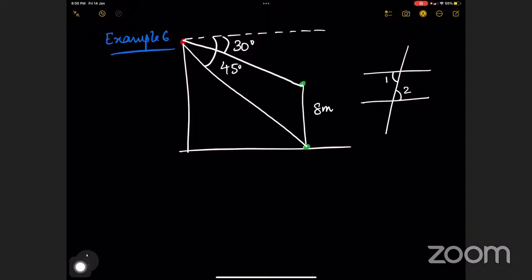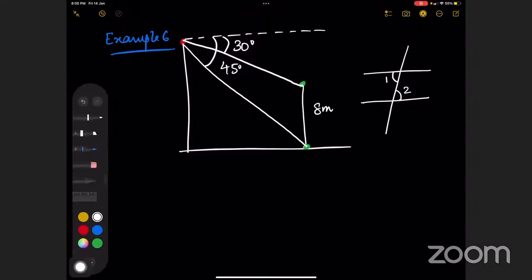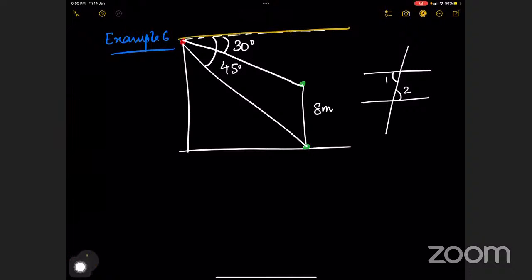So here also we'll say that this line, this line, and also this line, these three yellow lines, are parallel to each other.